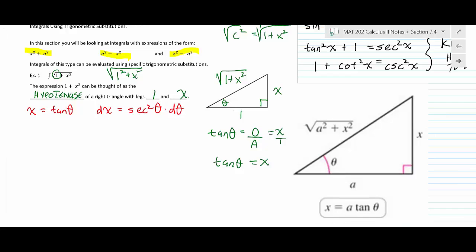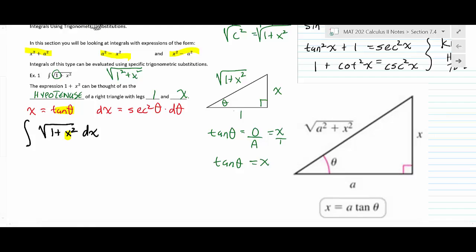Okay, so watch carefully. What we are doing is we are integrating the square root of 1 plus x squared times dx. So we're going to plug in everything that we know. The first thing is x is equal to the tangent of theta, so you're going to replace that x with tangent of theta.